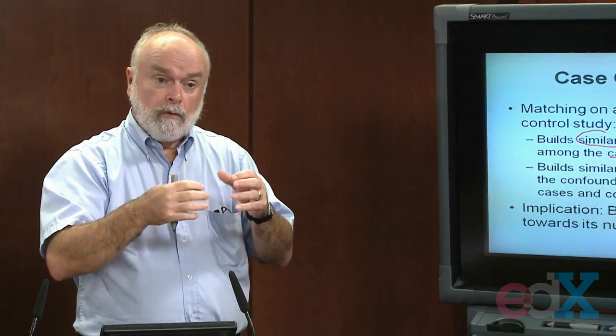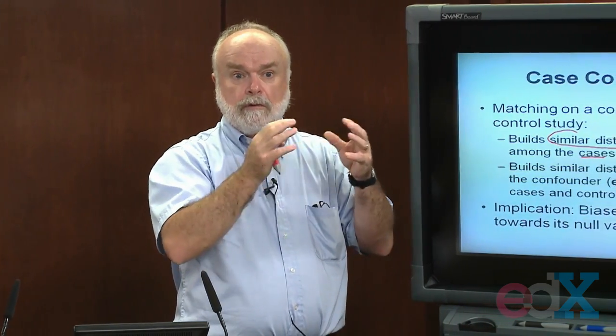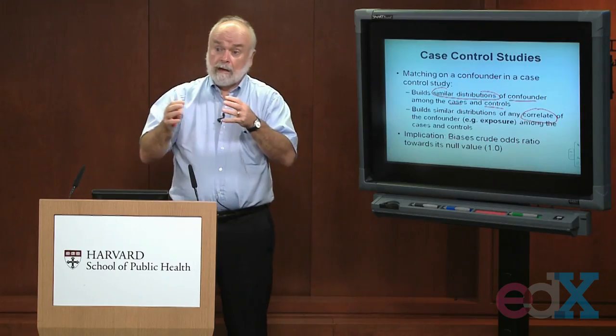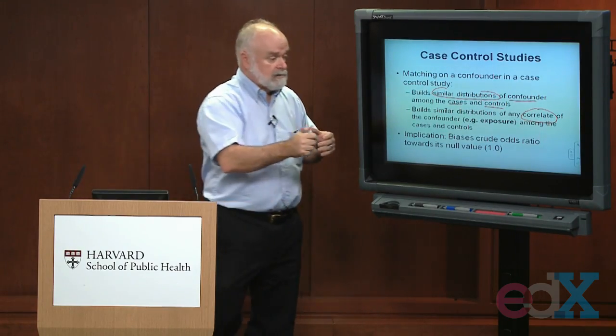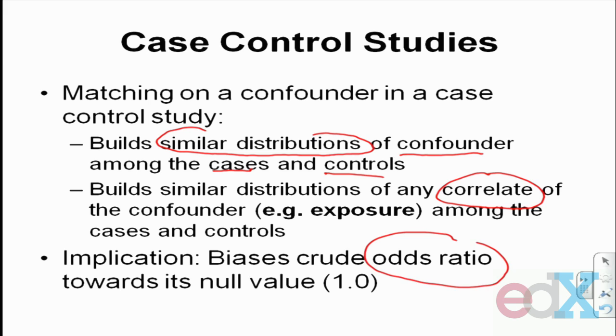And as a result, when I build my analysis to look at the smoking histories of my cases compared to the smoking history of my controls and look at the odds ratios like we did for case control studies, we're going to get a result that's biased towards the null value. It's going to underestimate the true effect of the exposure.